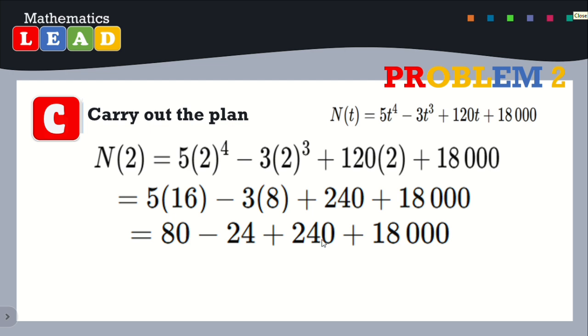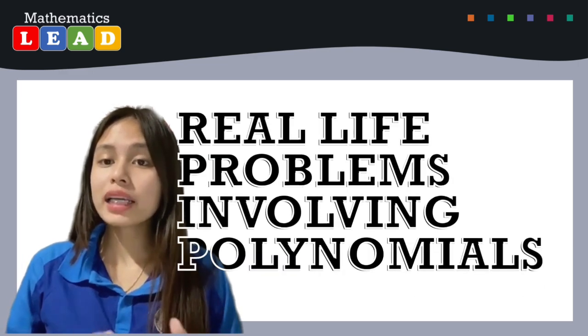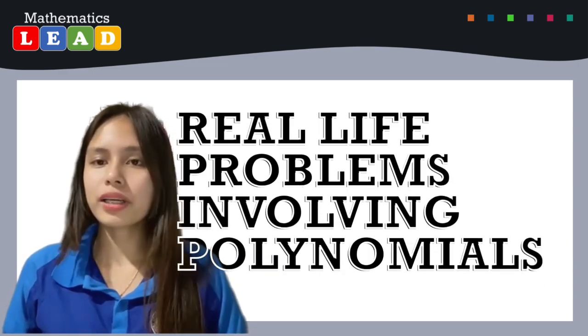And then just bring down 240 and 18,000. Then we're going to apply the operations. So we have 80 minus 24 plus 240 plus 18,000. And then we will get, alright, that's correct, that is 18,296.